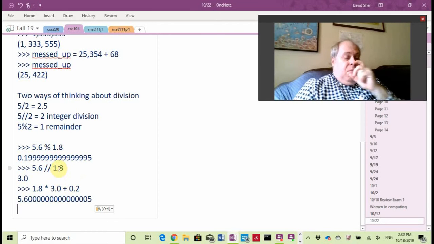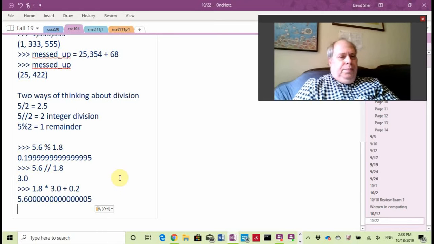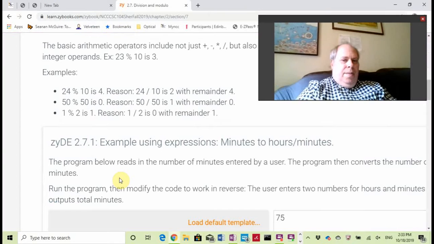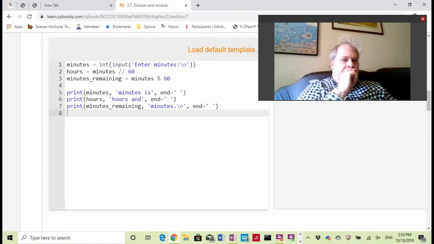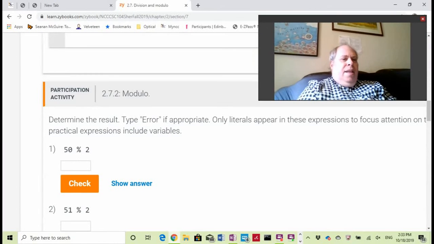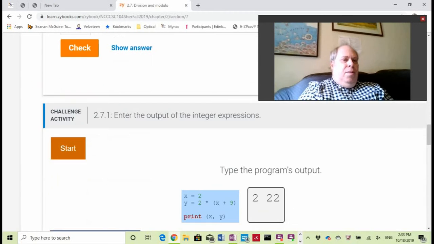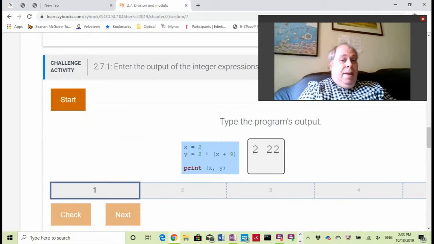It tells you the integer number of times that you can go this into that, and what's left over after you do that. Nevertheless, usually you want to use this with integers, and the book will show you.